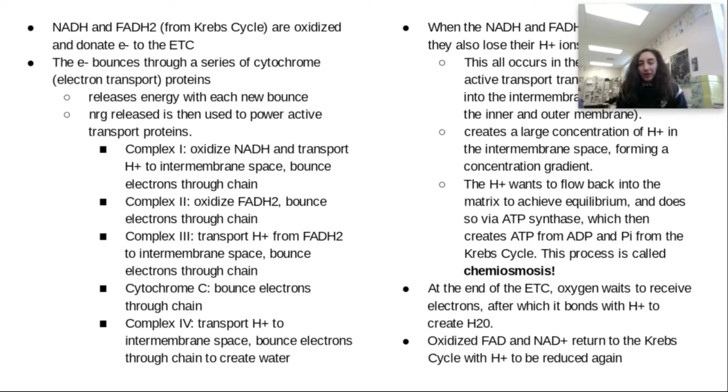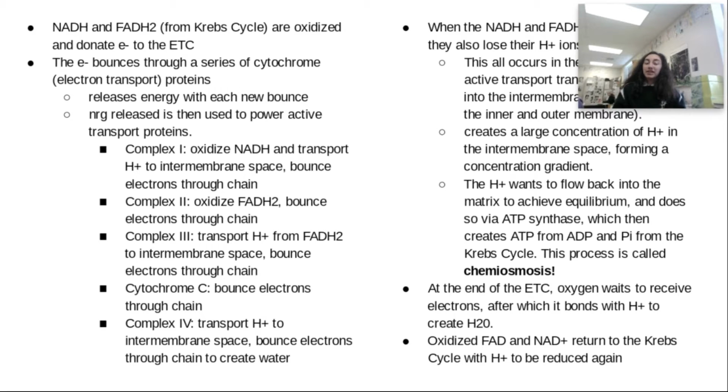So there are a couple different kinds of proteins that aid us in the electron transport chain. Number one is complex 1, which oxidizes NADH and transports its hydrogen ions to the intermembrane space from the mitochondrial matrix, and it begins bouncing electrons through the chain. Complex number 2 oxidizes FADH2 and continues bouncing electrons.